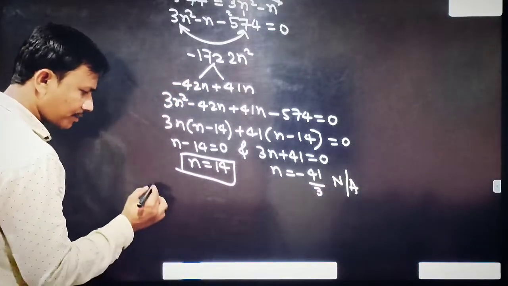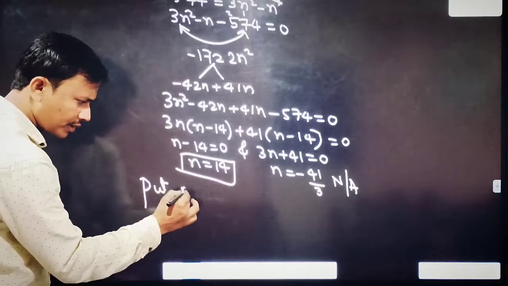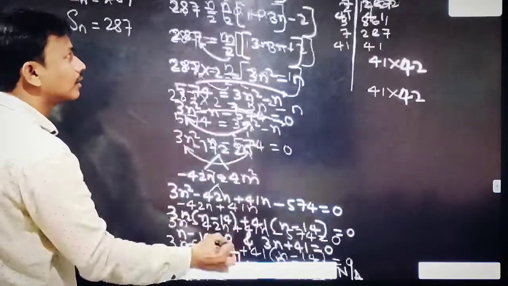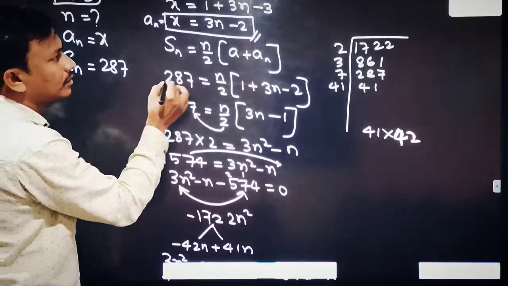Put this value in equation number 1. Put n is equal to 14 in equation number 1. What is equation number 1? x is equal to 3n minus 2.